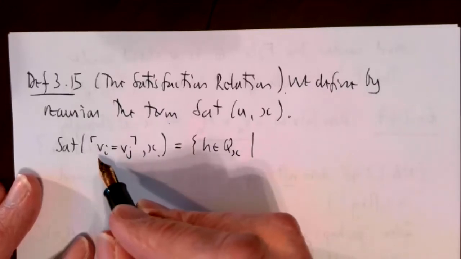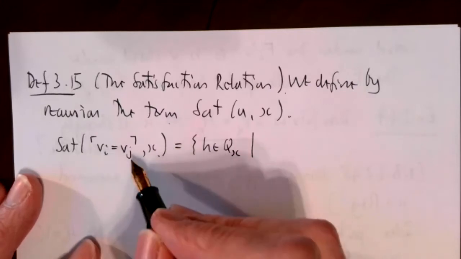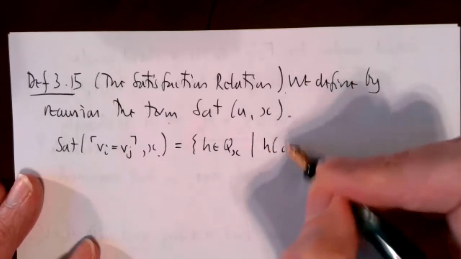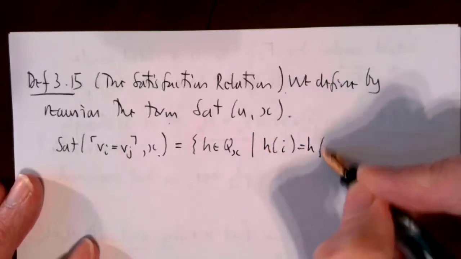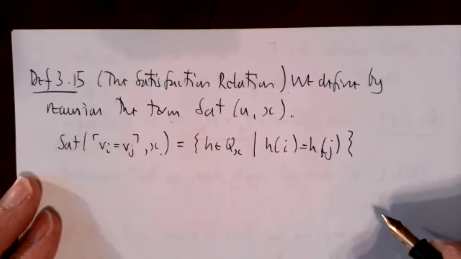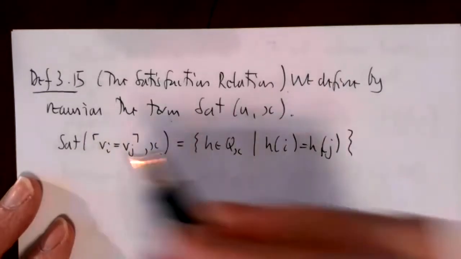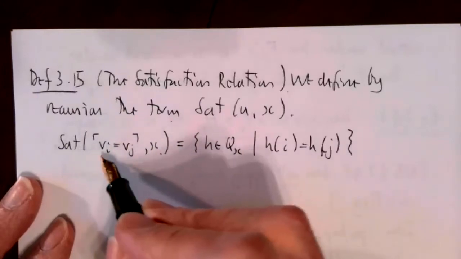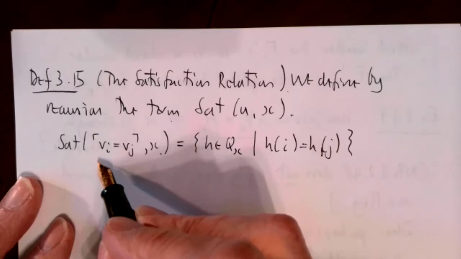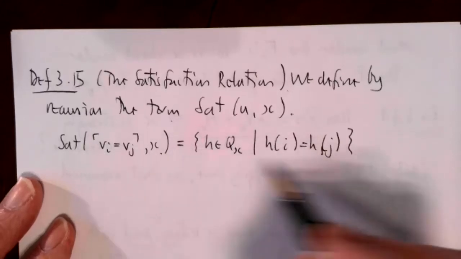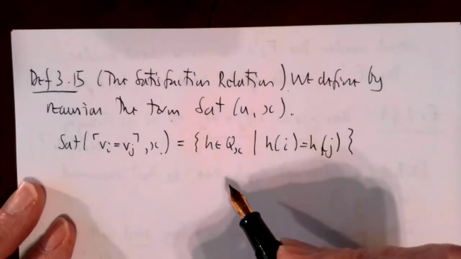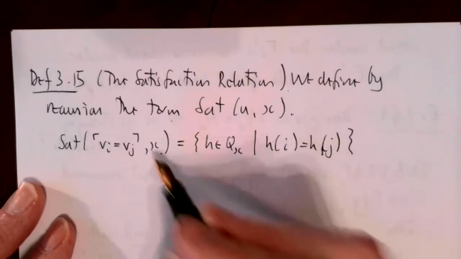By assigning objects to it that are identical at the ith and jth positions. So I look at the valuations that do precisely that. Easy, right? So again, it has sets as inputs. This is a set, this code. This is a set, and this is a set of sets. These are functions, which happen to be from omega into X.